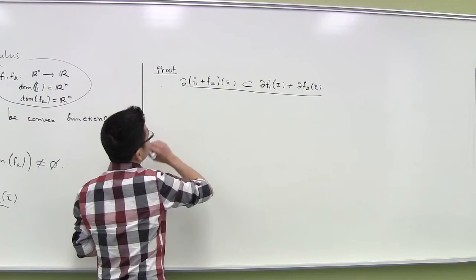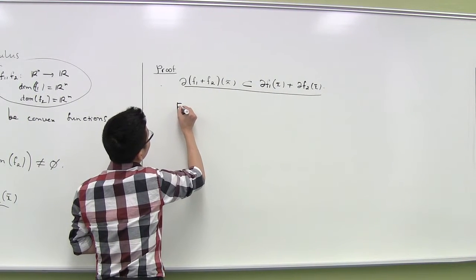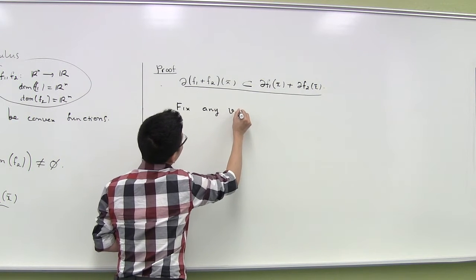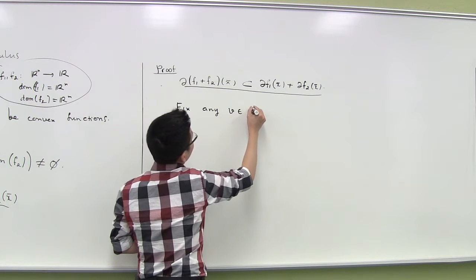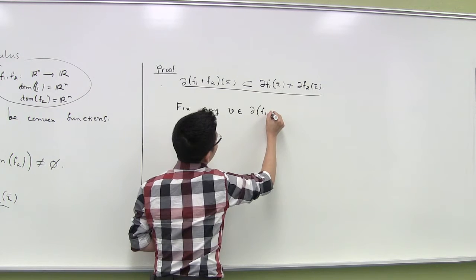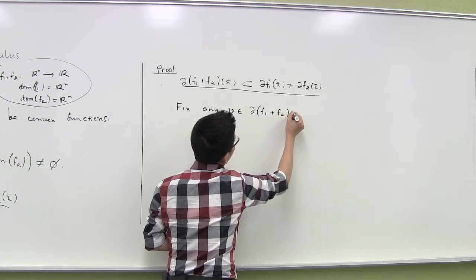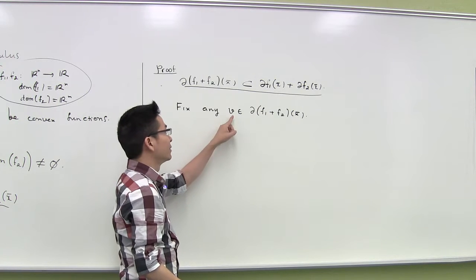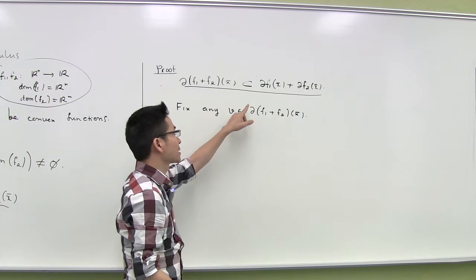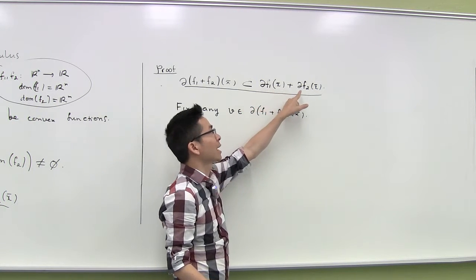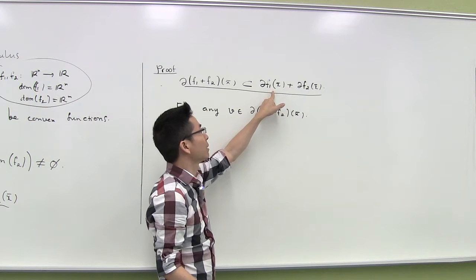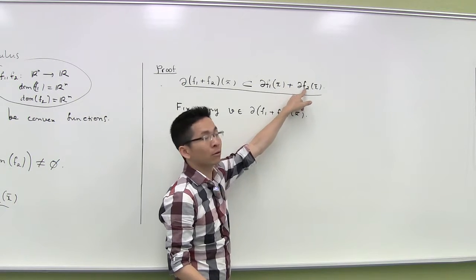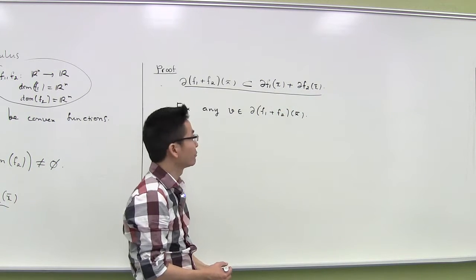So let me fix any v in the subdifferential of f1 plus f2 at x bar. Then we will show that v can be represented as the sum of v1 and v2, where v1 belongs to the first subdifferential and v2 belongs to the second subdifferential.